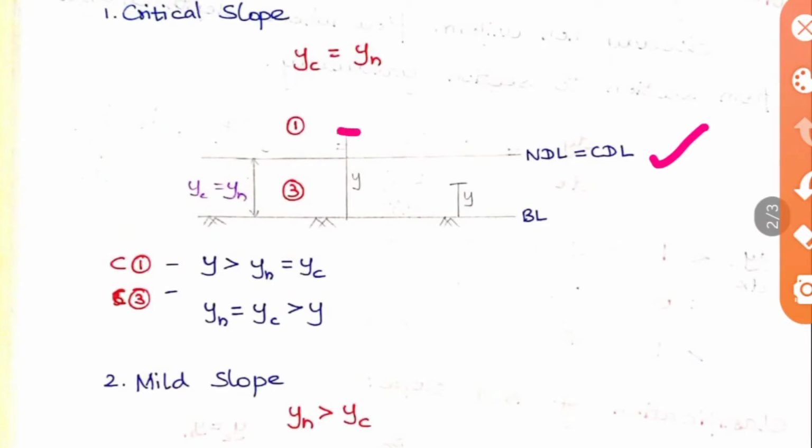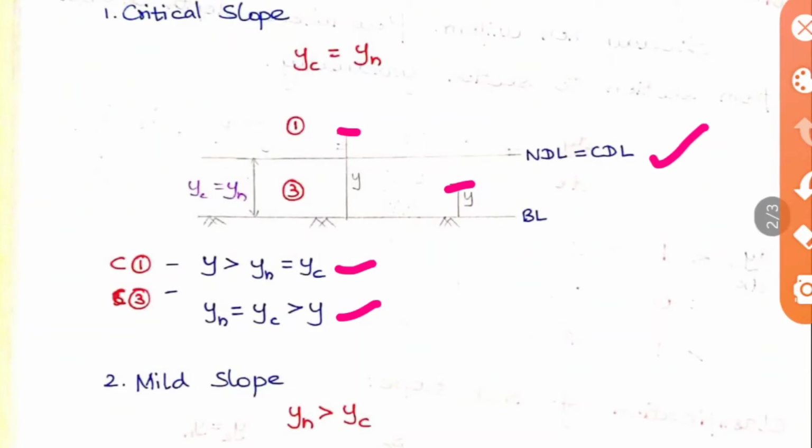So if you take one point here and one point here, in one category y will be greater than yn or yc, and in the next category y will be less than yn or yc. So it is classified as C1 and C3. Okay, so C1 is nothing but the subcritical flow and C3 is your supercritical flow here.